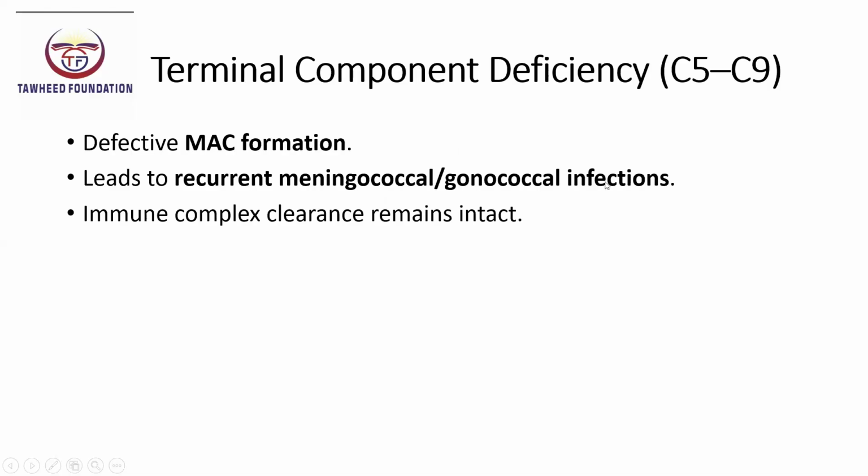Next is terminal component deficiency. The terminal components C5 to C9 are responsible for forming the MAC. Deficiency in any of these components results in defective cell lysis. Patients with this deficiency are particularly prone to recurrent infections by Neisseria meningitidis and Neisseria gonorrhoeae, that is meningococcal or gonococcal infections, because these bacteria are normally killed through MAC-mediated lysis.